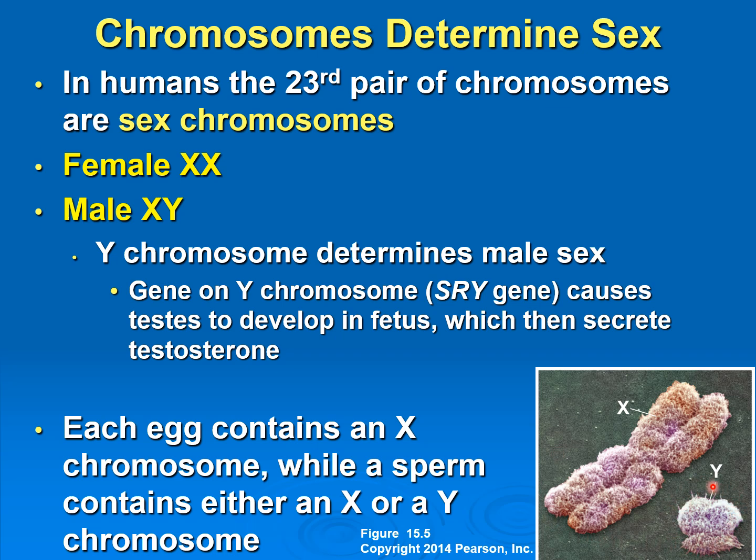So you can see there's a big difference in their sizes. The X chromosome does have a lot more genes on it than the Y chromosome does. So there are a lot more genes on the X chromosome that are determining things other than just the sex. And the Y chromosome generally just has genes on it that are just determining sex.